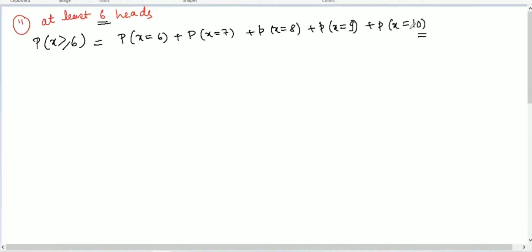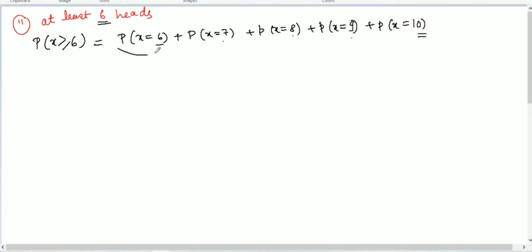Because we are tossing the coin only 10 times, so we will not get more than 10 heads. At least 6 heads: we can get 7, 8, 9, and all the time we can get 10 heads.